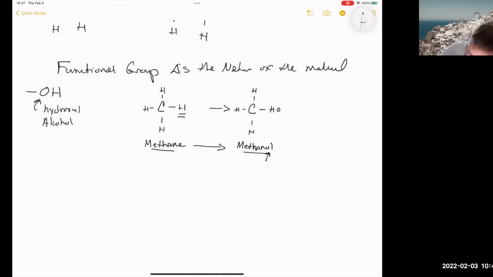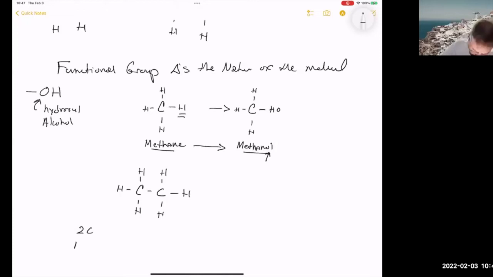I can do the same thing with, let's take this molecule here. I want one of you to tell me what the name of this molecule is right here. So there are 2 carbons, and it's all single covalent bonds.